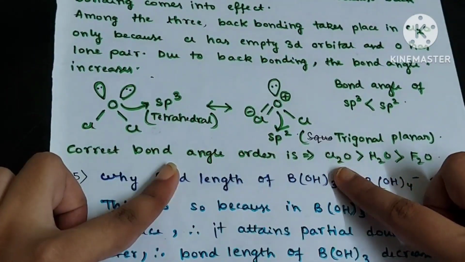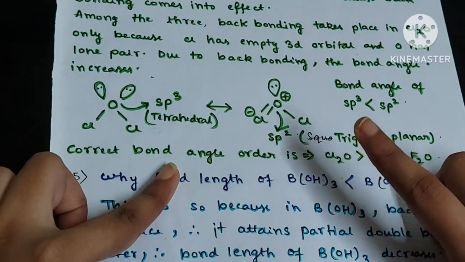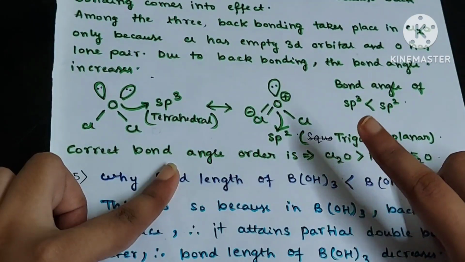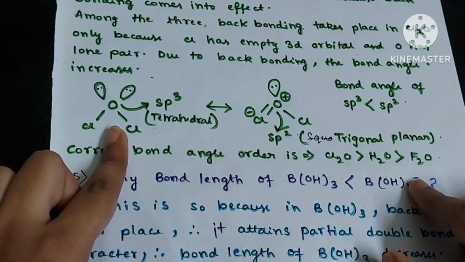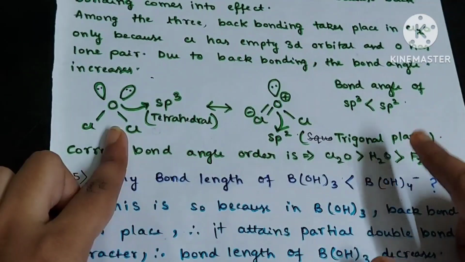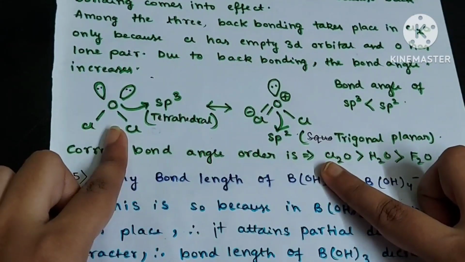Cl2O will come first because here back bonding is taking place and double bond character comes into effect. So from sp3 it is becoming sp2, while the other two remain sp3. Therefore it comes first.